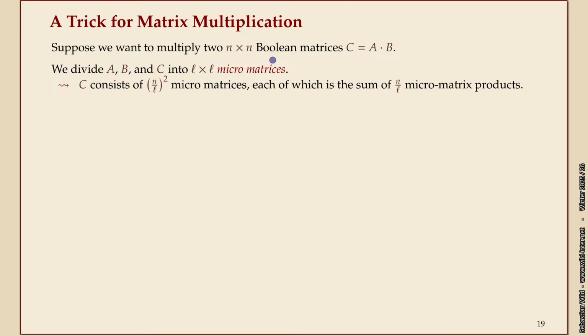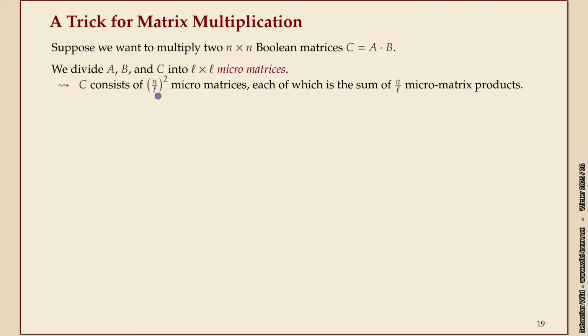And there's some way to define what multiplication and addition do, and we're not very fuzzy about the details of what these operations are. In particular, you can do it for min-plus multiplication as well as for the more standard Boolean multiplication. Okay, long story short, you divide all the matrices into L by L square sub-micro matrices.